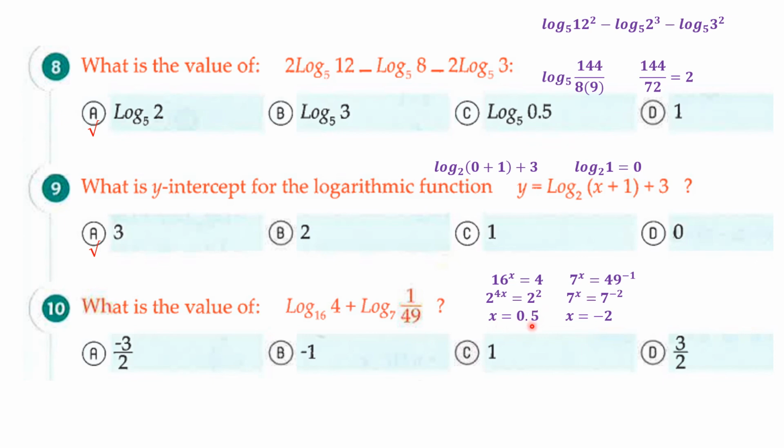So x equals 0.5. And this part, 7 to the power of x is equal to 49 to the power of negative 1. So 7 to the power of x equals 7 to the power of negative 2. X is equal to negative 2. So this part is negative 2. What is minus 2 plus 0.5? Minus 1.5. So the answer is A.